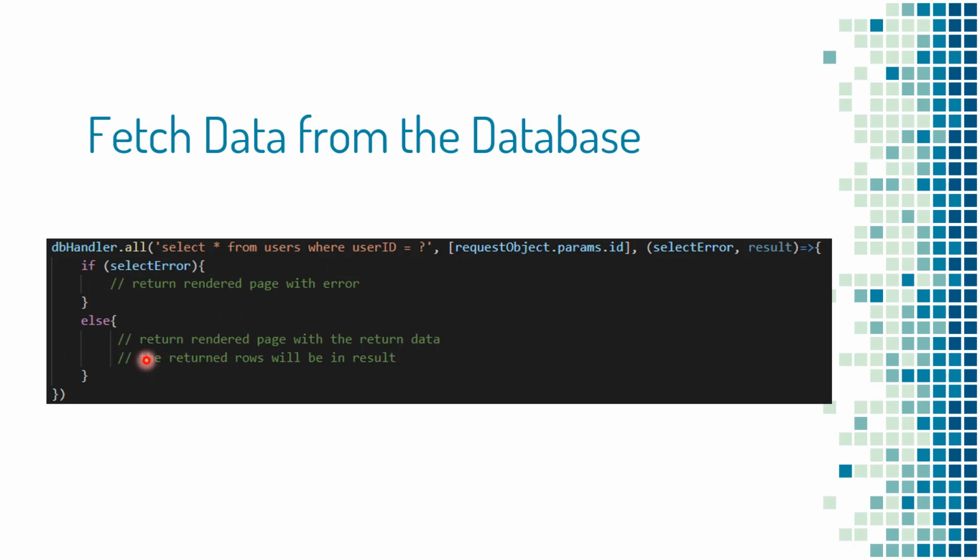If you have results coming, or the function or the SQL returns some values, then most of the time you pass these results to the EJS template to populate one file, then return this rendered page to the end user to see the results.